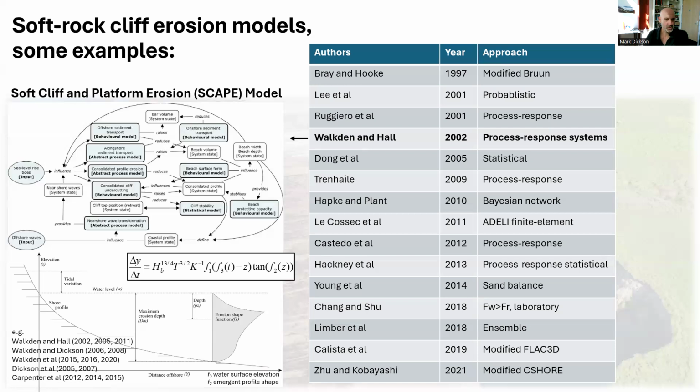And importantly, you'll see this term in the model here as well, that's common to many of these process response type cliff erosion models, where you get the erosion rate through calibration via comparison with field data. So historic photographs, for example, can give you the coastal erosion rate over time. And therefore, the confidence in these models really comes from comparing the emerging profile shape with profile shapes measured out in the field.